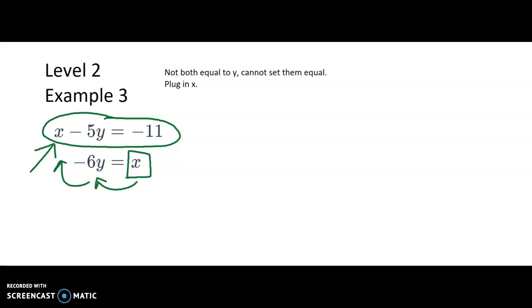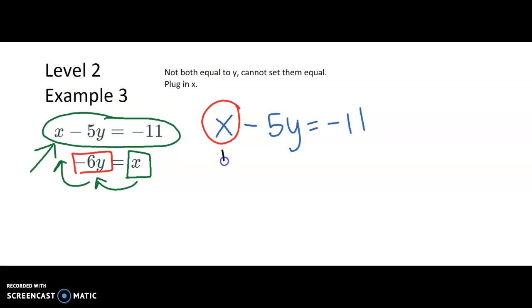So I'm going to plug in negative 6y into the top equation. So let me show you how I'm doing it. Here's my original equation. X minus 5y equals negative 11. And I know that x is the same thing as negative 6y. This is a system where both of my equations are related. Therefore, that's why the substitution works. So instead of plugging in x, because I can't solve something in two variables, I'm going to plug in negative 6y.